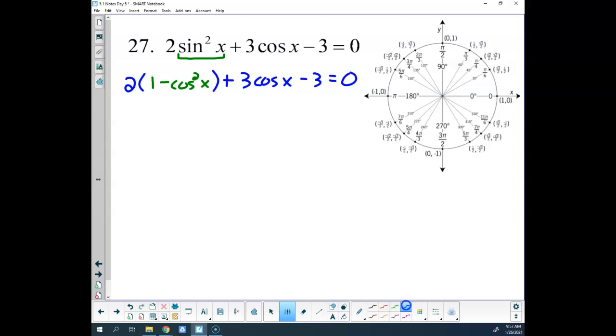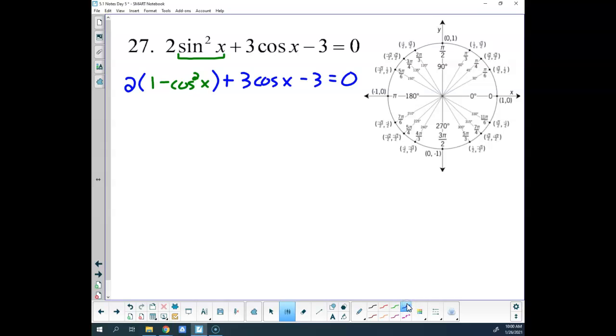Yep, let's check it out. So everybody else, go from here now, because now we've got one trig function. Now we should be able to go with it.